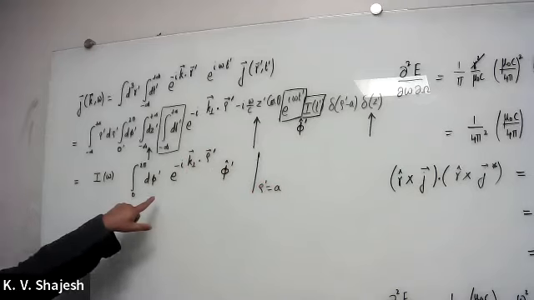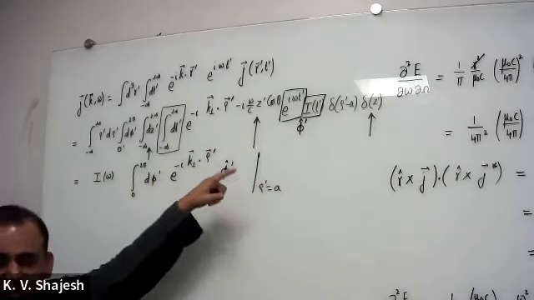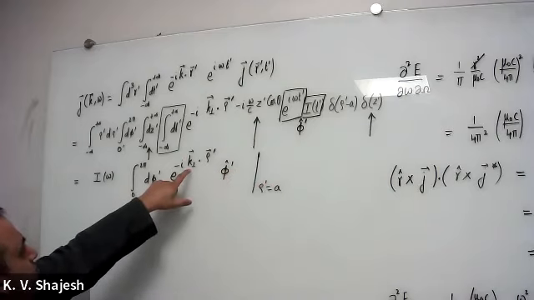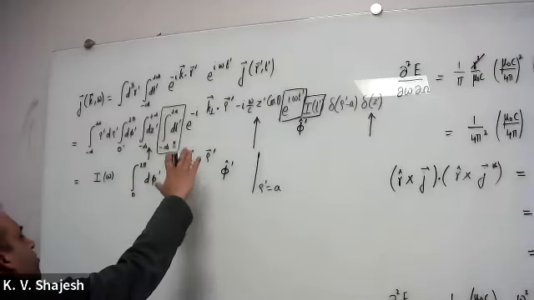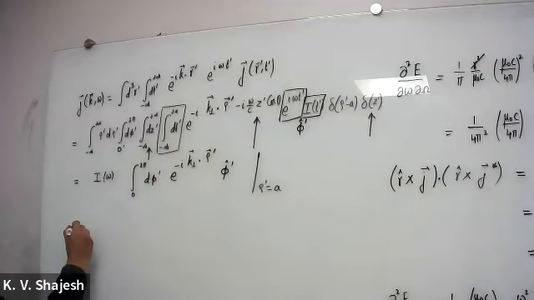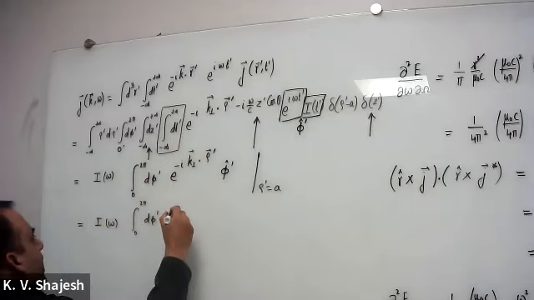It's like saying you're adding up all your phi prime angle along a circle, but this is dotted in K curve, a vector which will have some angle associated with it. So this is equal to I omega, integral 0 to 2 pi d phi prime, and the exponential of that will have its own angle.